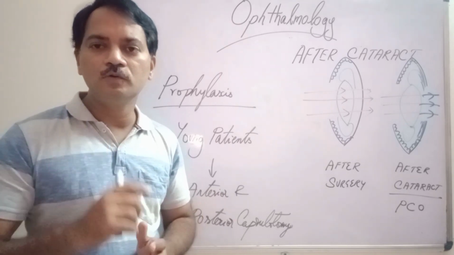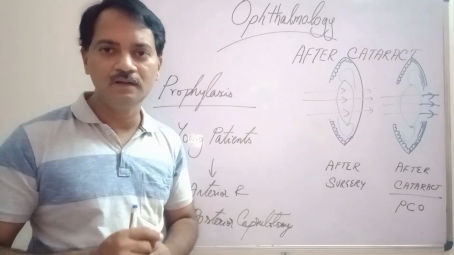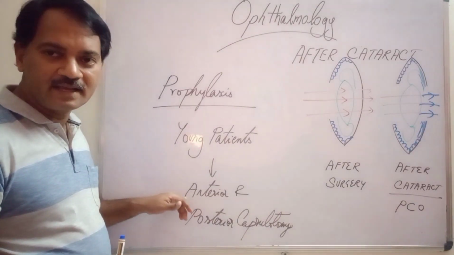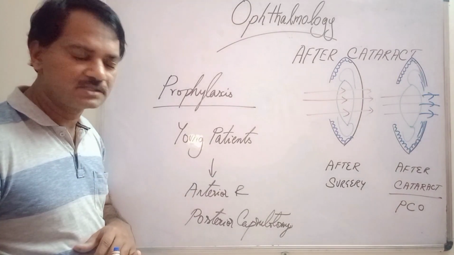In order to prevent after cataract formation in young people, we have to do anterior capsulotomy, which we normally do in any cataract surgery.